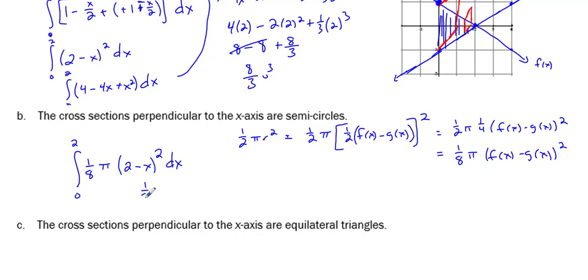So we basically have 1/8 times pi, antiderivative 0 to 2 of 2 minus x, quantity squared dx. And we've already found that once already. That's 8/3, right? So I'm okay on this worksheet, not just one time, this worksheet, since we're doing the same problem a couple times, if you just make your substitution then, and then 8/3, right?